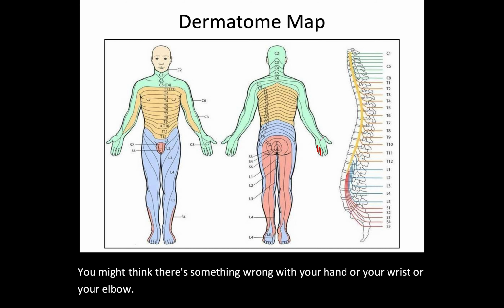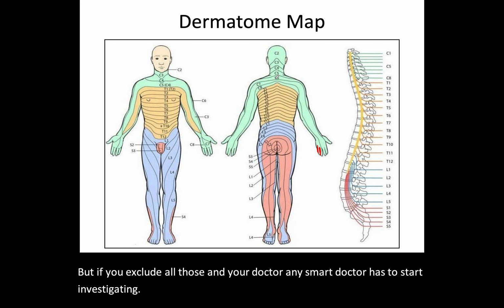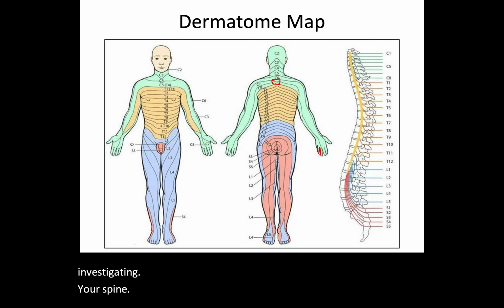But if you exclude all those, any smart doctor has to start investigating your spine. Because pinching a nerve here will cause pain in the hand. You see the dermatome?